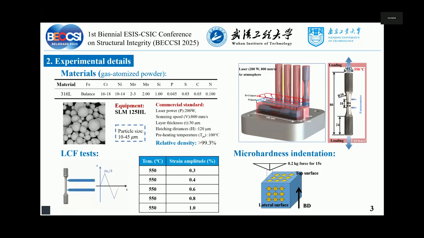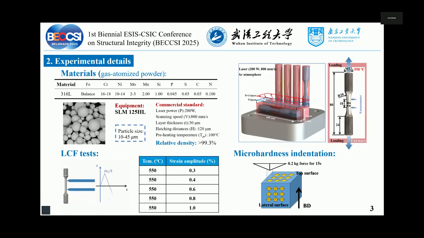It is based on the commercial standard process parameters and commercial stainless steel powder, to fabricate samples of different orientations and conduct the LCF test on each at a high temperature, 550 centigrade.